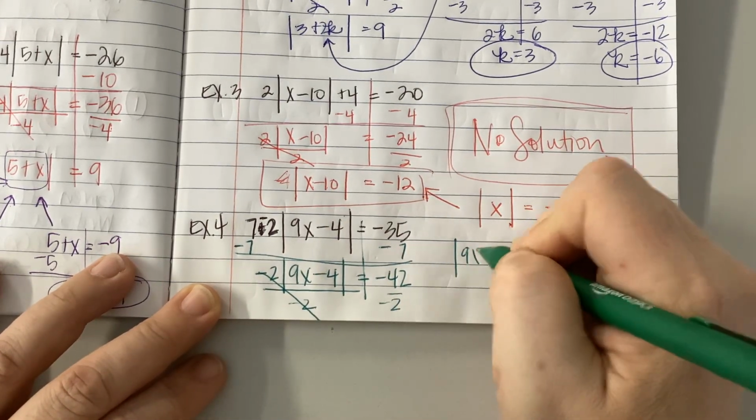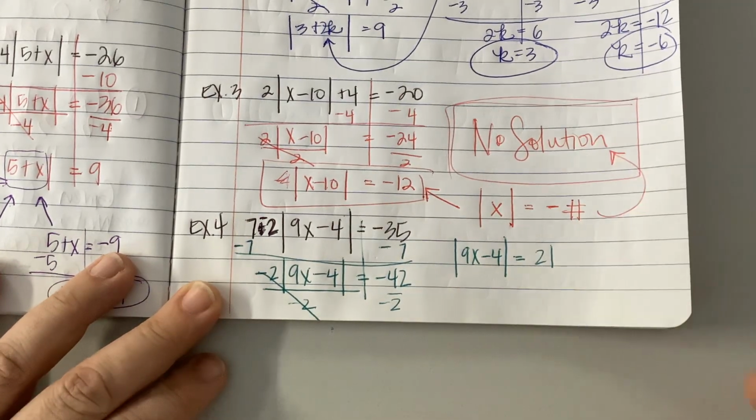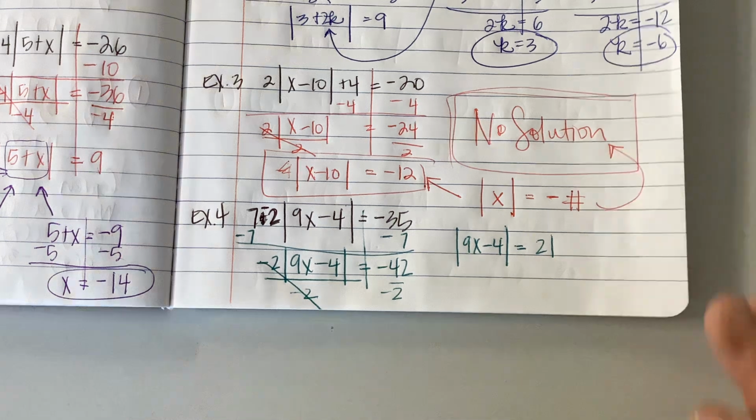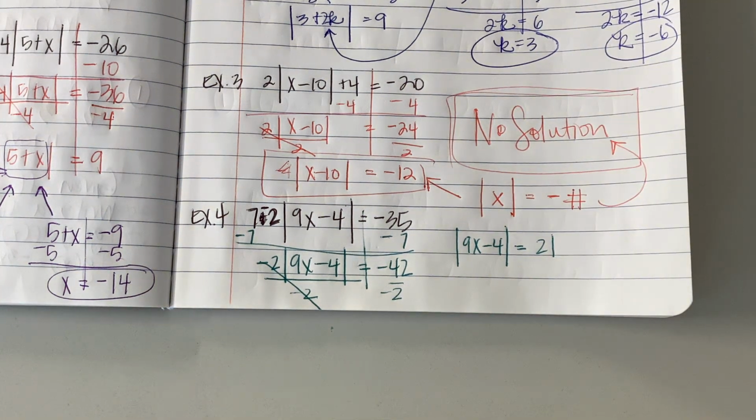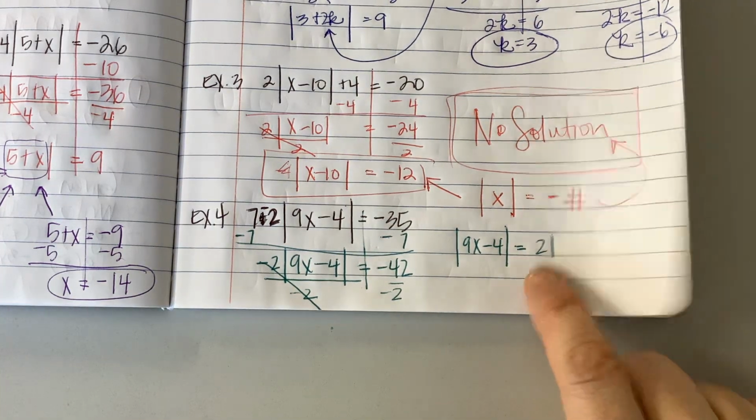The absolute value of 9x minus 4 equals positive 21. This is doable because my coefficient was negative. If my coefficient had remained positive 2, like I screwed up and wrote the first time, we'd say no solution. Because you have to have a positive value here to solve an absolute value.